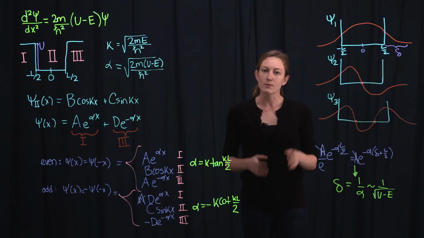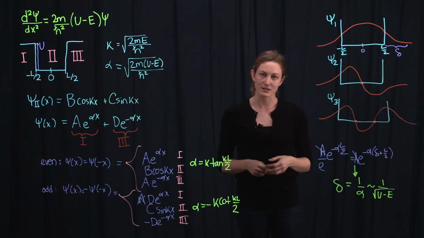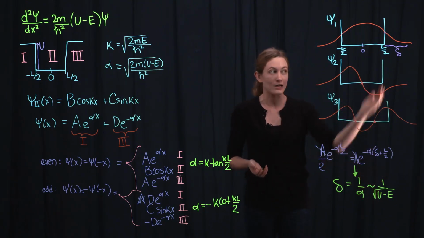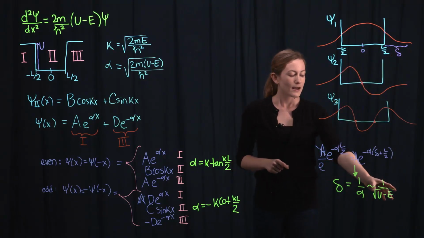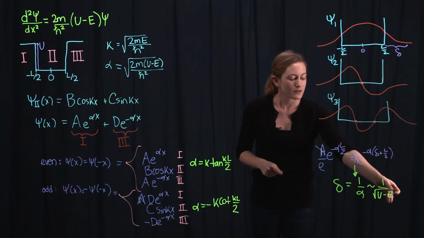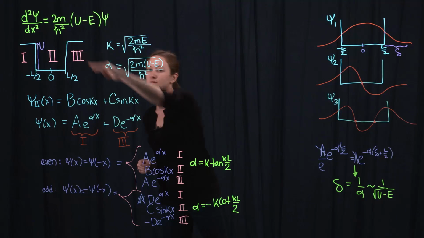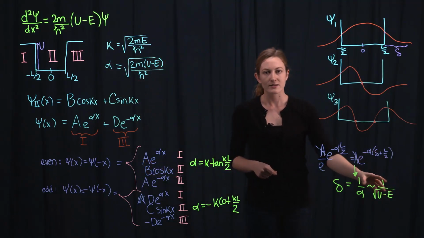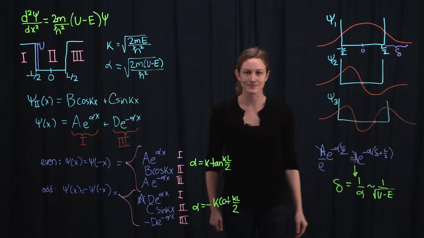So there's a very small chance of finding the particle outside the classically allowed region. So as U approaches infinity, in particular, we go to 0 chance of finding the particle outside the allowed region. However, as the energy of the particle gets closer and closer to the height of the well, delta will get larger, and there will be a larger chance of finding the particle outside of the well.